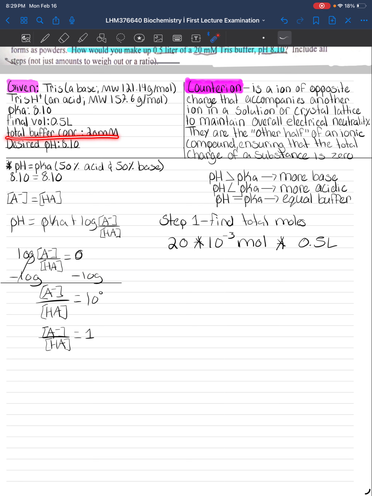The total buffer concentration converted is 20 times 10 to the negative 3 molarity. Total buffer concentration right here, and the final volume is right here, and we multiply them to find the total moles.